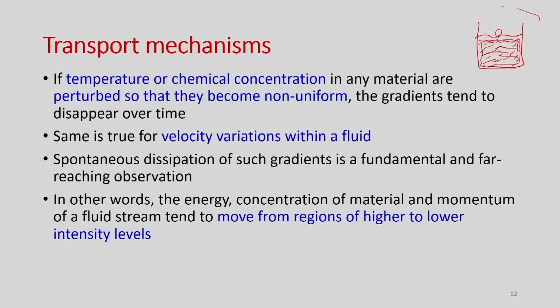So, from this experiment what we understand in general is that the energy, the concentration of material, or the momentum of a fluid stream tend to move from regions of higher intensity to regions of lower intensity. That is, from higher temperature to lower temperature, higher concentration to lower concentration, or higher momentum to lower momentum, they usually transfer.